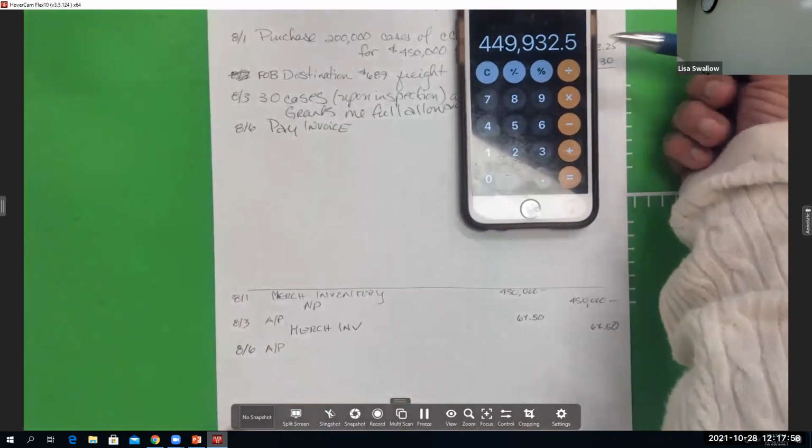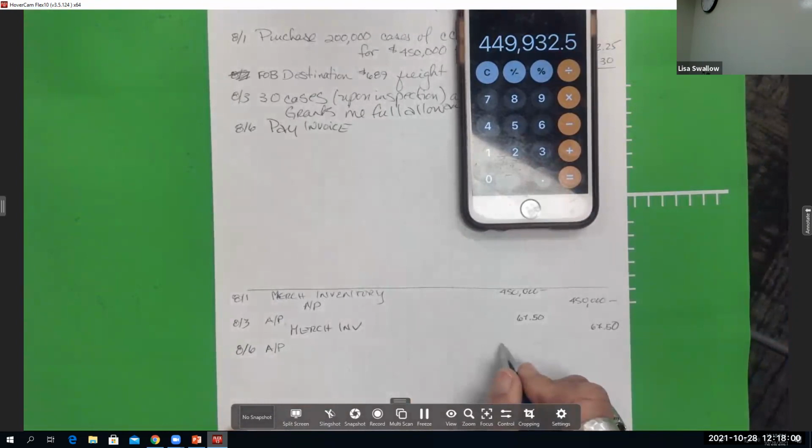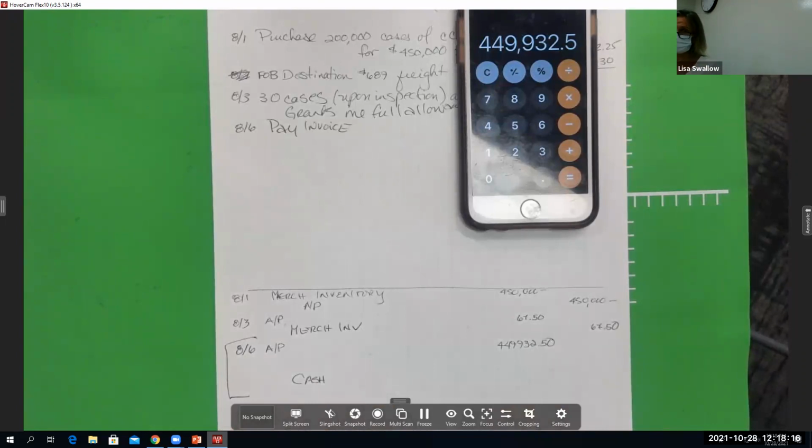Because that's what's in it. That's what I write the check for. We're making the journal entry. So how much am I actually making the credit for then?